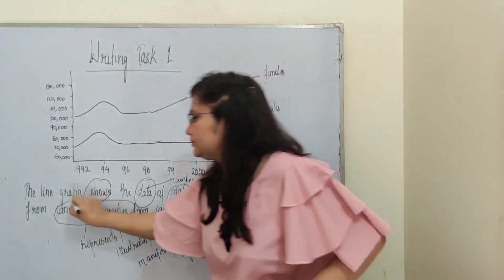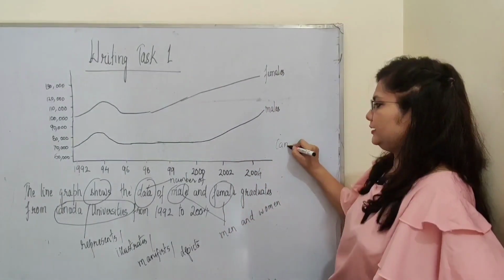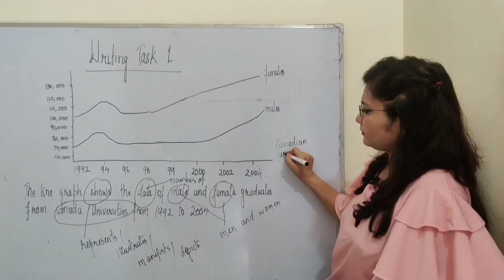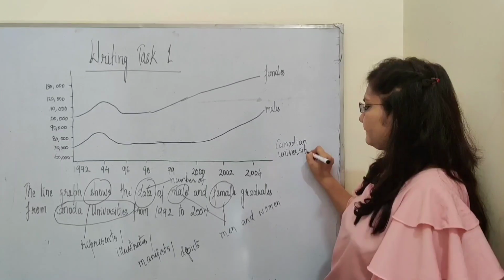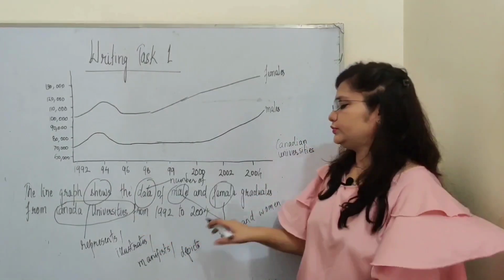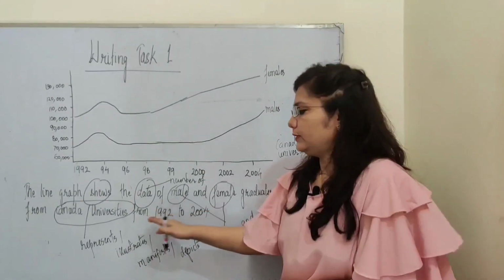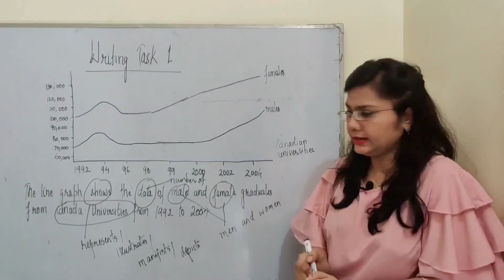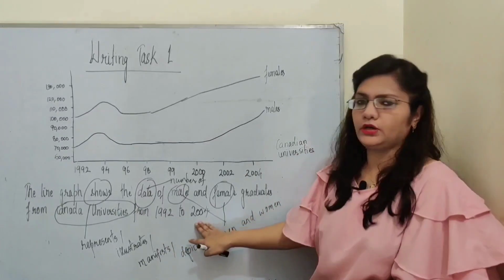Instead of writing this Canada University, I can simply write Canadian University. From 1992 to 2004, it can be written in the form of for a period of 12 years. Okay, so you can write like that, or you can also write from 1992 to 2004.